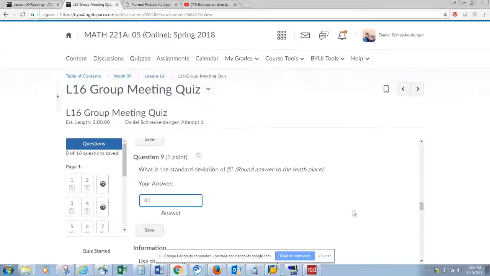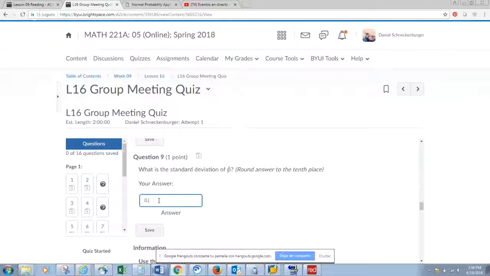I'm just gonna do the math real quick. This is the one that it's P times 1 minus P divided by N, right? And then the square root of that. Right? Okay, so I did something wrong with the math. Yeah, I got 0.1. Okay.